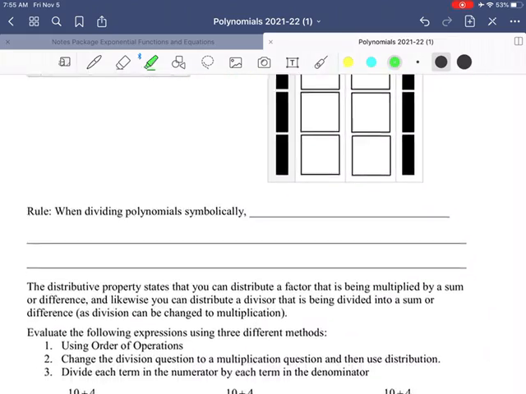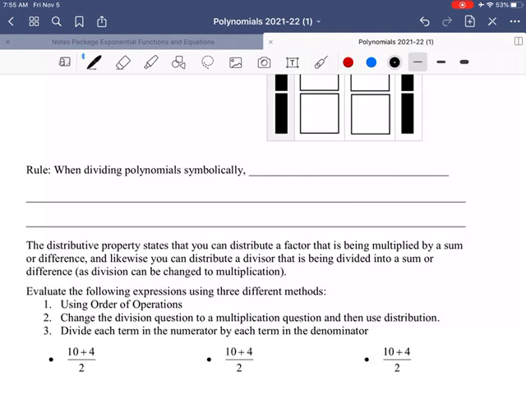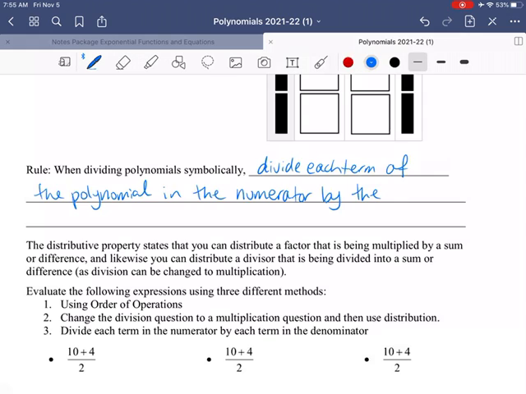So the rule is, when dividing polynomials symbolically, divide each term of the polynomial in the numerator by the monomial in the denominator.